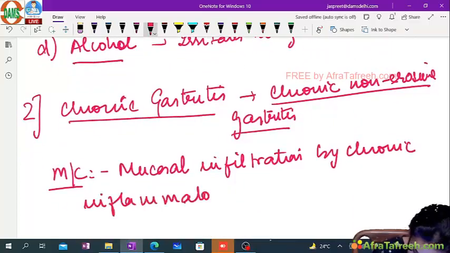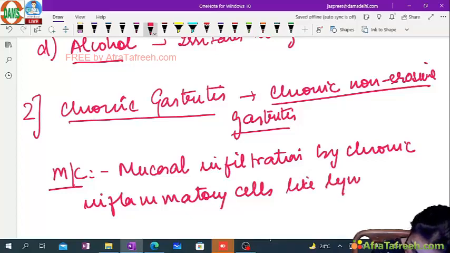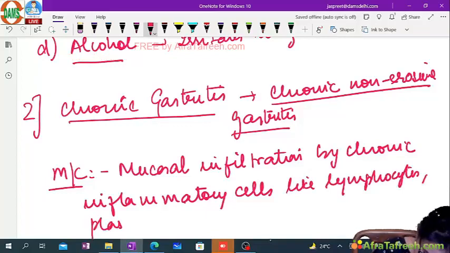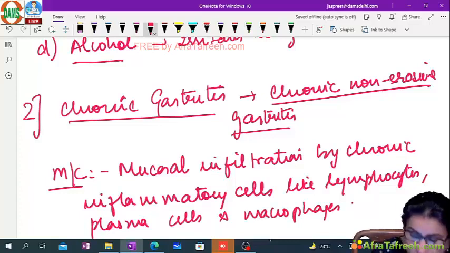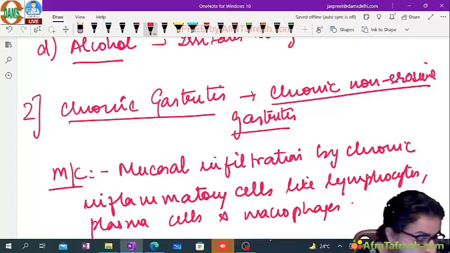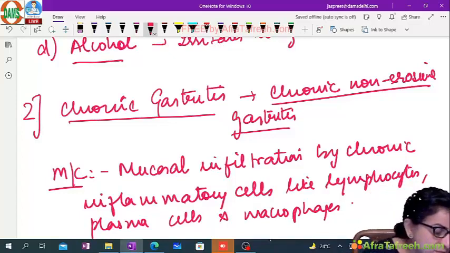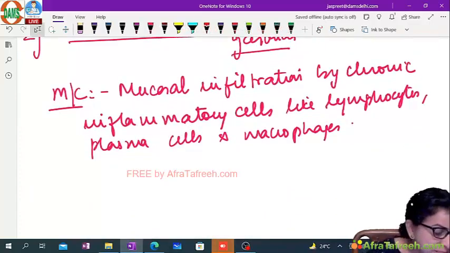Mucosal infiltration by chronic inflammatory cells like lymphocytes, plasma cells and macrophages. These cells infiltrate the mucosa of the stomach in chronic gastritis. Okay, now what happens?